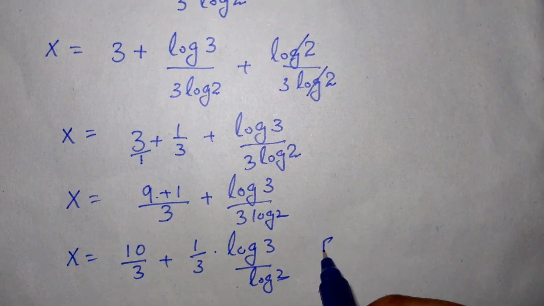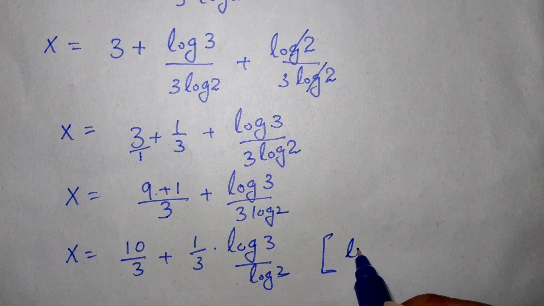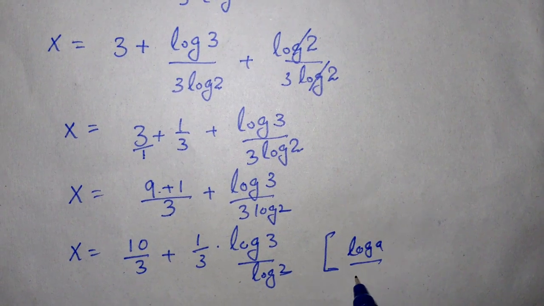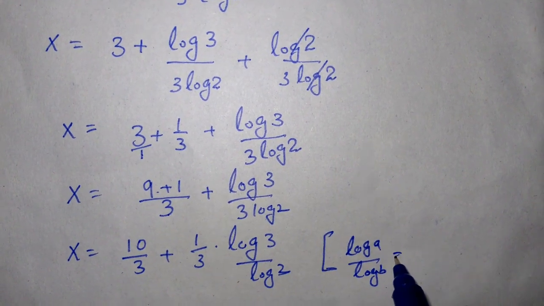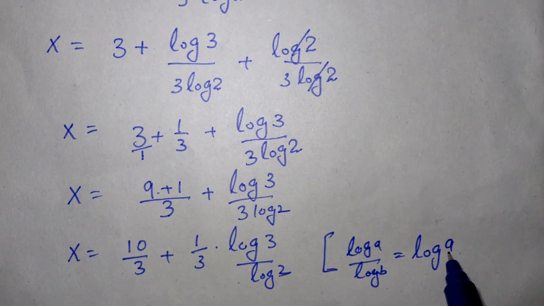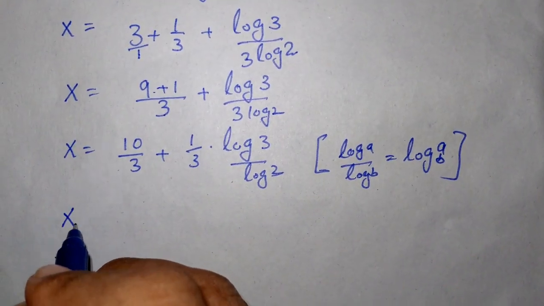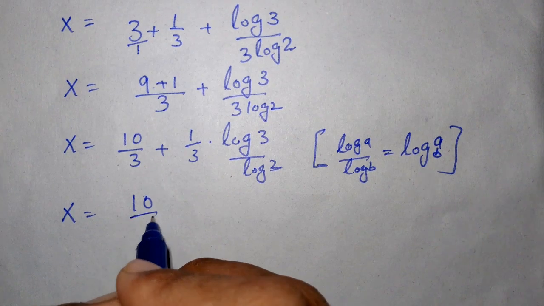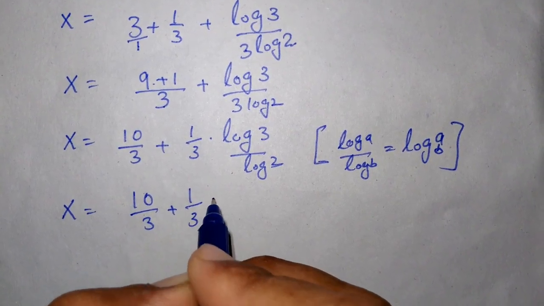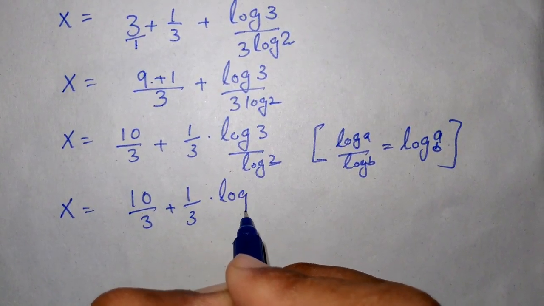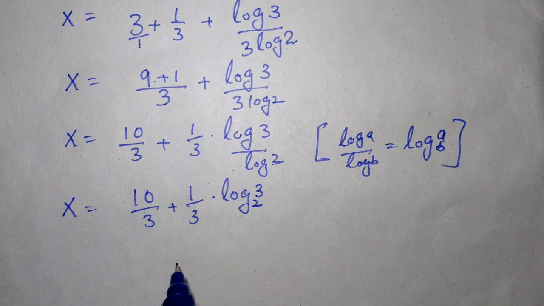We know that log of a divided by log of b is equal to log of a to the base b. So this will become x is equal to 10 divided by 3 plus 1 divided by 3 times log of 3 to the base 2.